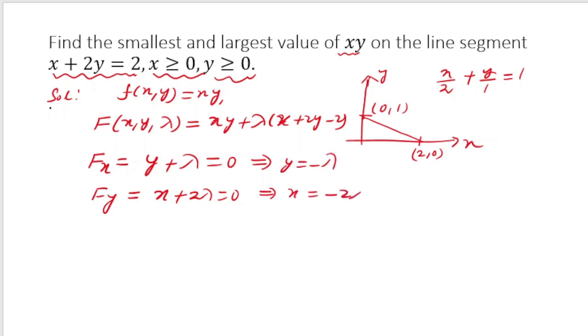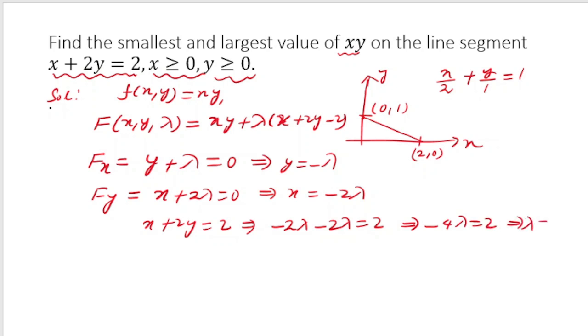Now we have x plus 2y is equal to 2. It means what? First we take the value of x, that is minus 2 lambda, and then for 2y, minus 2 lambda, that is equal to 2. So we get minus 4 lambda is equal to 2.